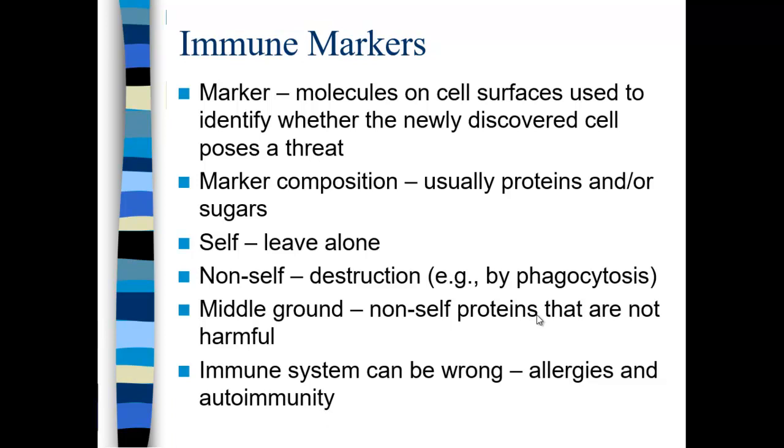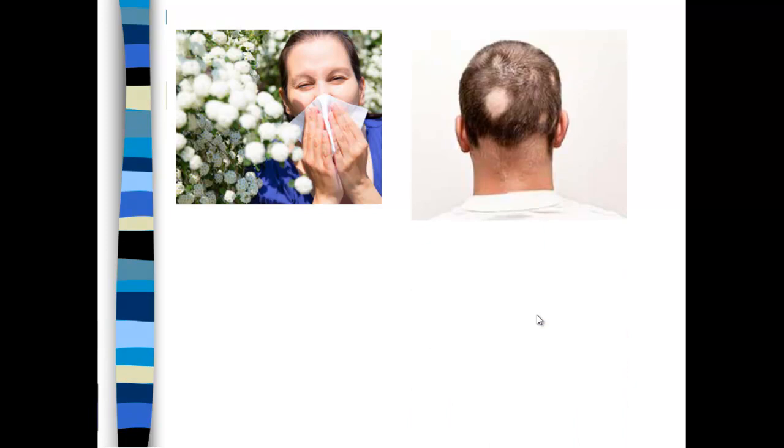Okay, things can go wrong with the immune system, and this one is when you see allergies and autoimmunity. Okay, there's a person sneezing, they're allergic to cotton, you see the cotton balls in the background. You can get allergic reactions, including alopecia. The circular alopecia is associated with allergies.